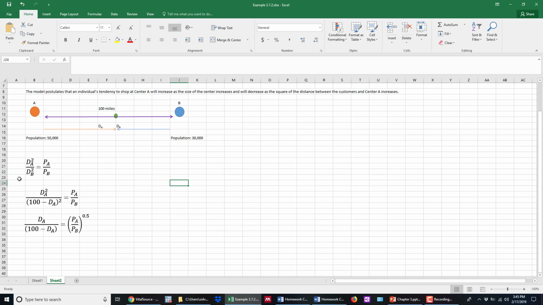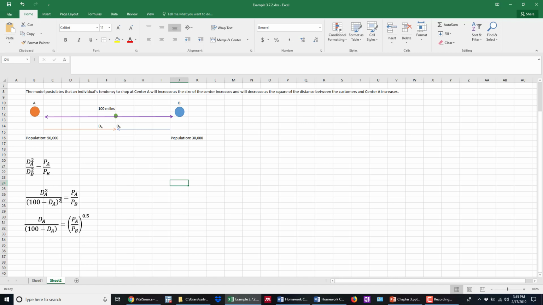That's going to be equal, according to the equation, according to the law of gravitation, to PA divided by PB. To simplify the equation, the first thing that I did is I took the square root of both sides. Taking the square root of both sides is the same thing as power half.